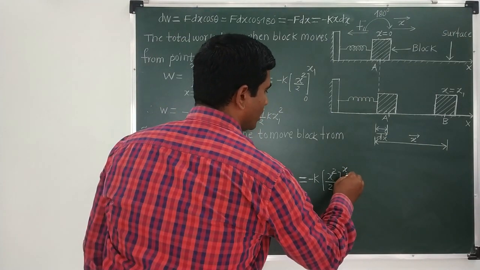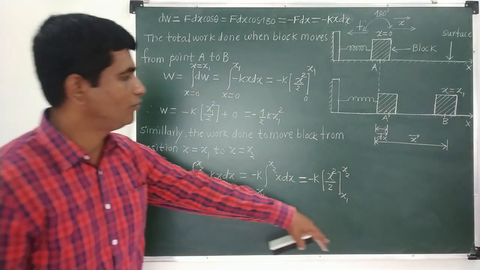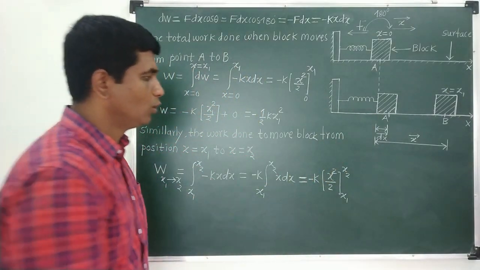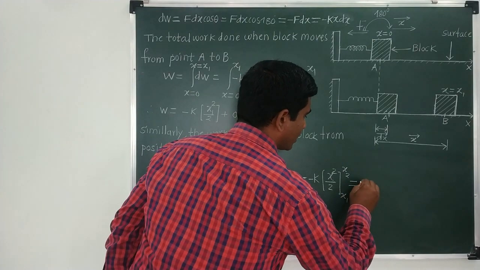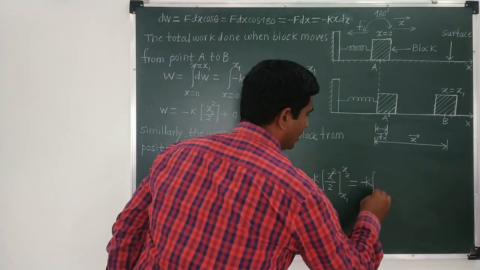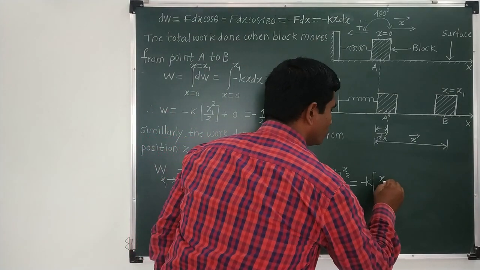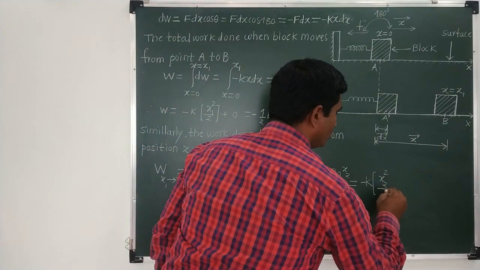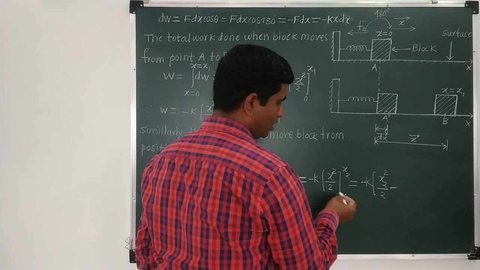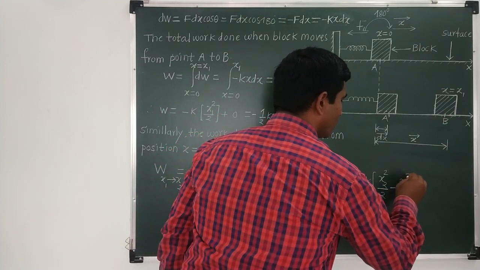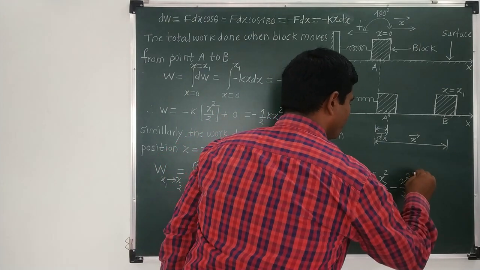First of all, we substitute the upper limit and then the lower limit. This we can rewrite as minus k in a bracket, upper limit x2 square by 2 minus lower limit x1 square by 2.